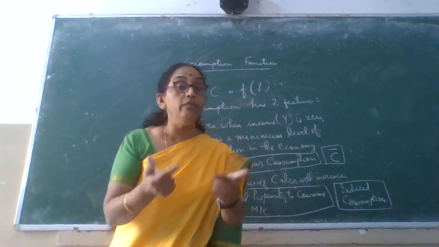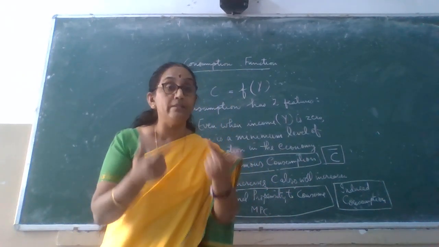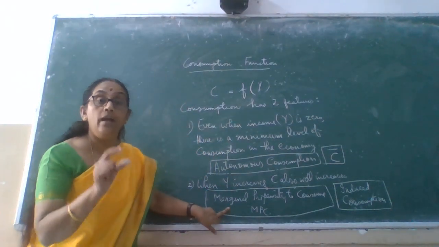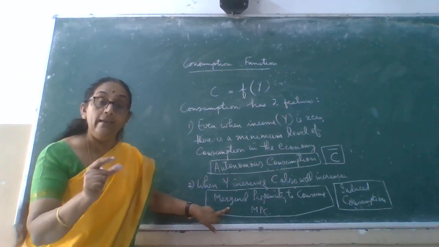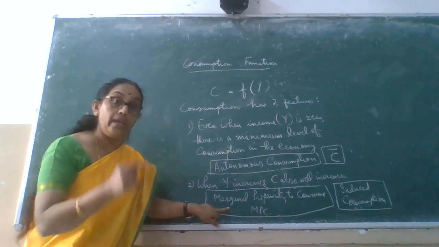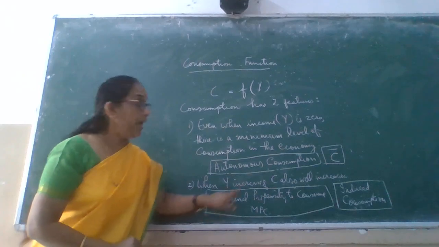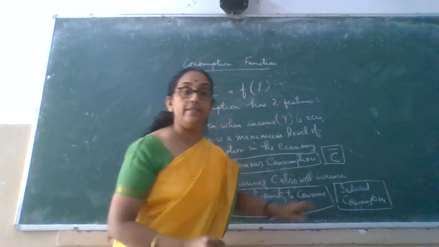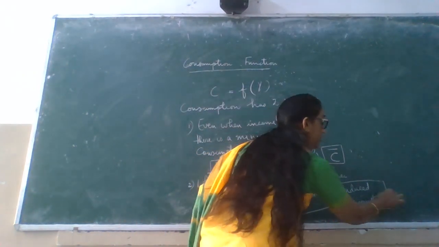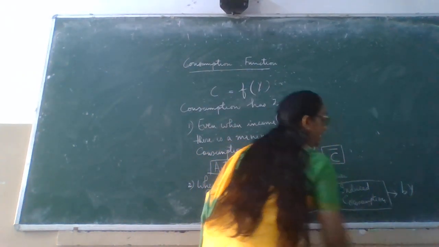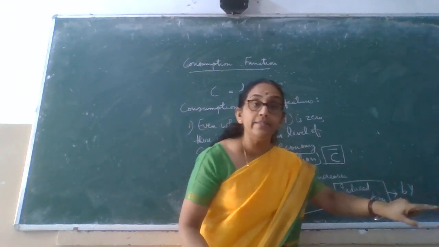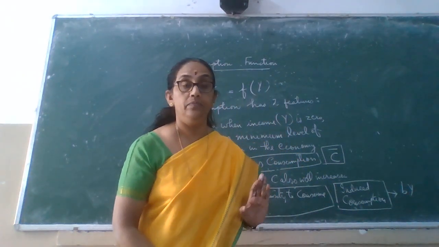But how much of the increase in income an economy will spend is decided by the MPC, the additional capacity to consume. Accordingly, this induced consumption is indicated by the symbol BY. Here B stands for MPC, Y stands for national income.